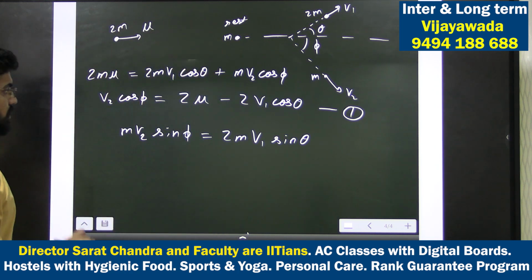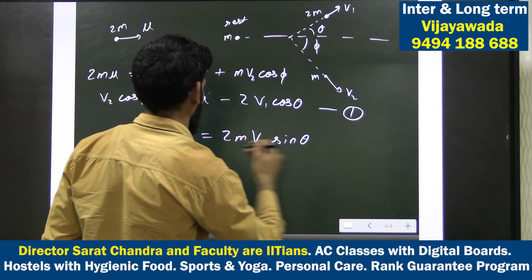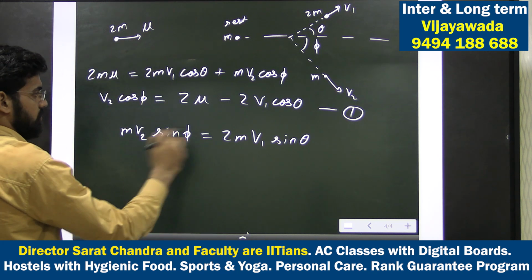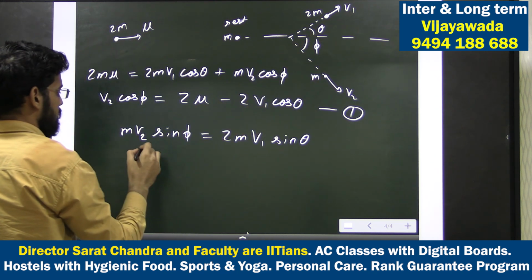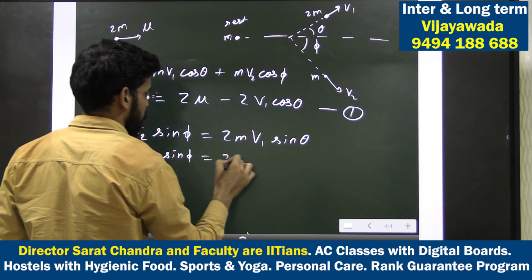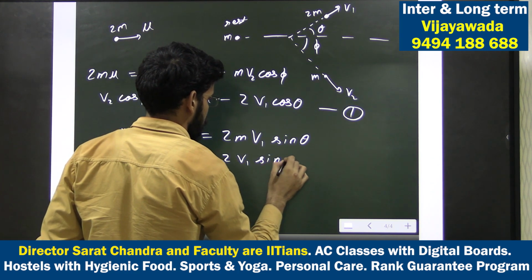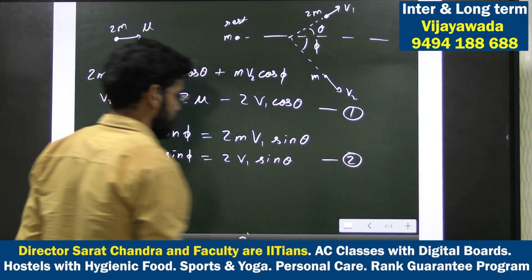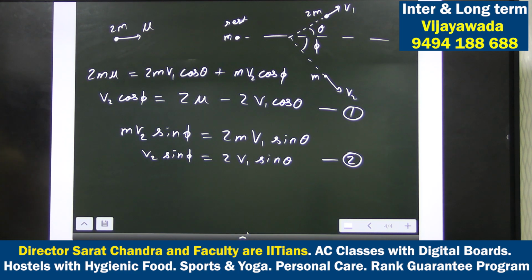This is equation number 2. The m also cancels, so v2 sin phi equals 2 v1 sin theta.